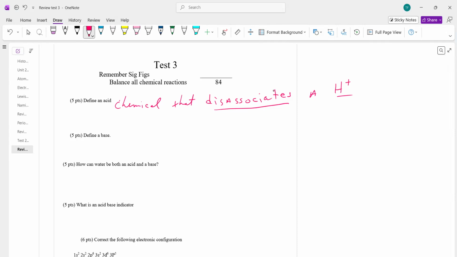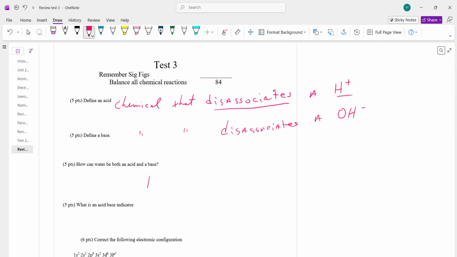Okay, and then likewise for a base, it dissociates a hydroxyl ion, OH minus. Okay, how can water be both an acid and a base?